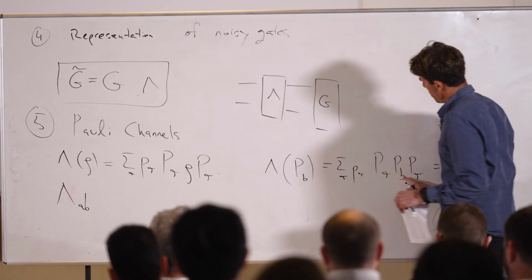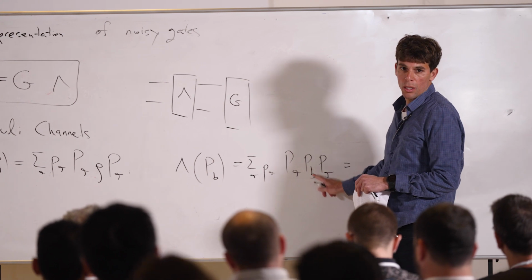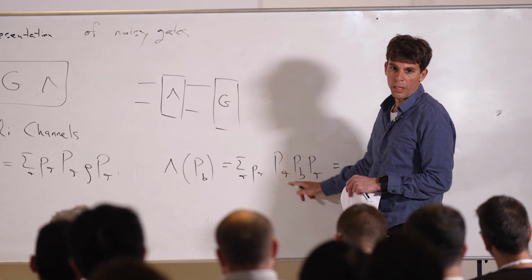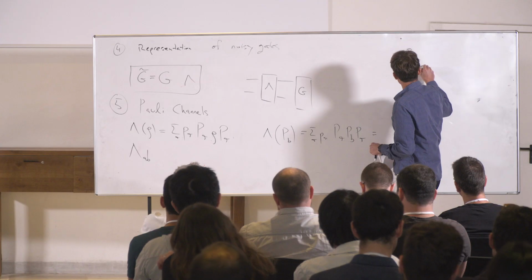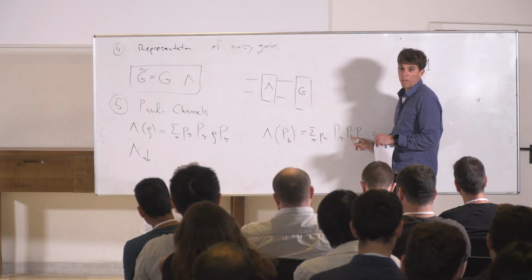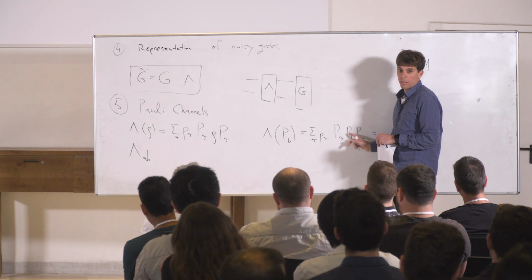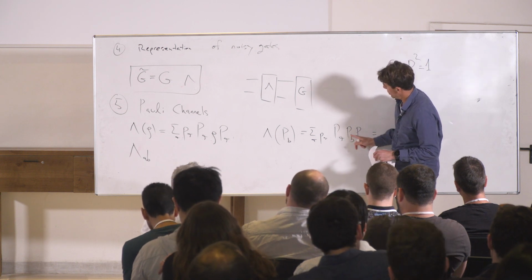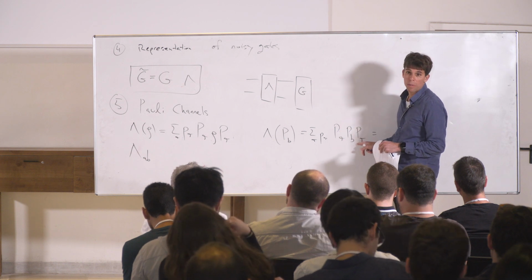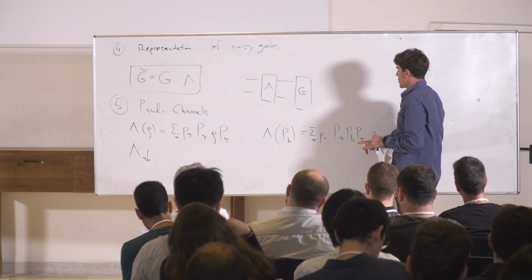So if P alpha and PB commute, then this is just PB. P squared is always 1. So if P alpha and PB commute, you get P squared times PB, so I just get PB back.